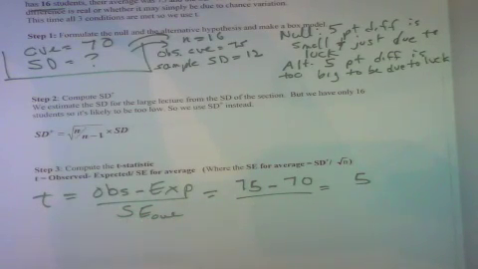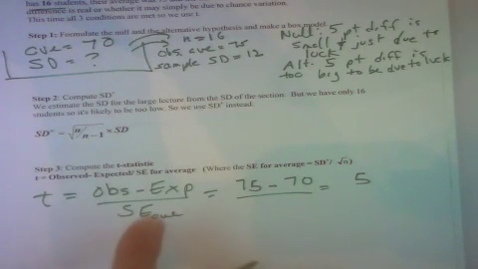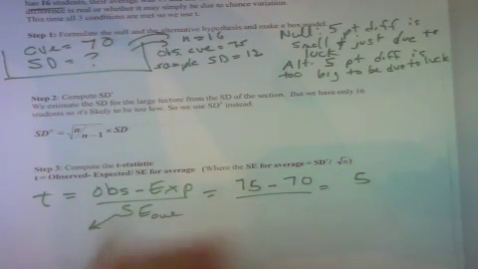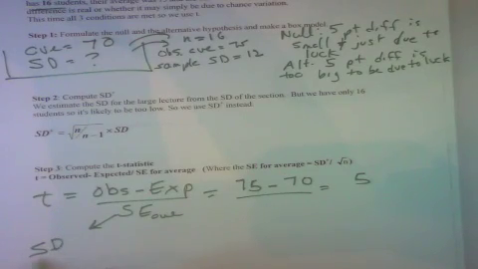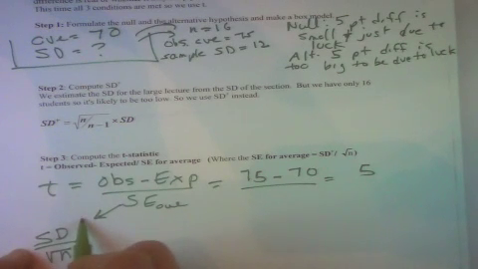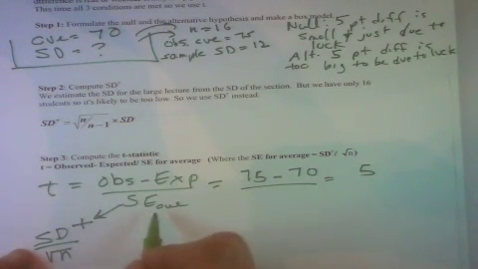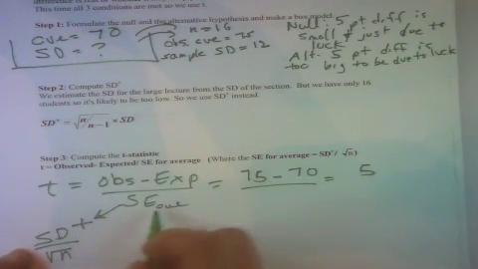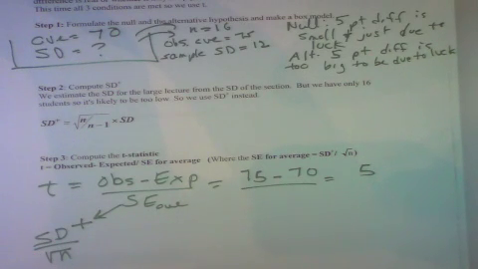We're going to have more error because we have more uncertainty. How do we make it bigger? Before we did SD over the square root of n. Now we're going to use SD plus. So this will be bigger, which means our t will be smaller. So we have to go further out to reject the null, okay?